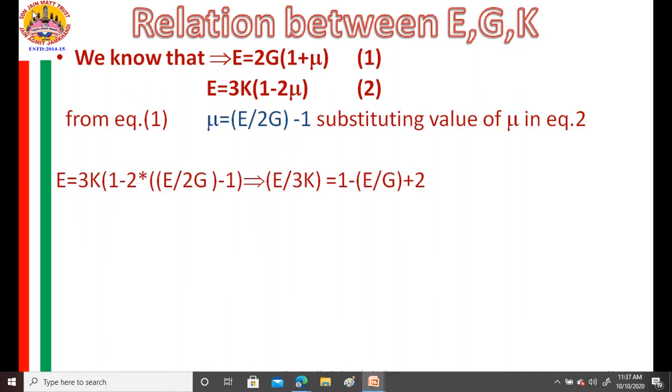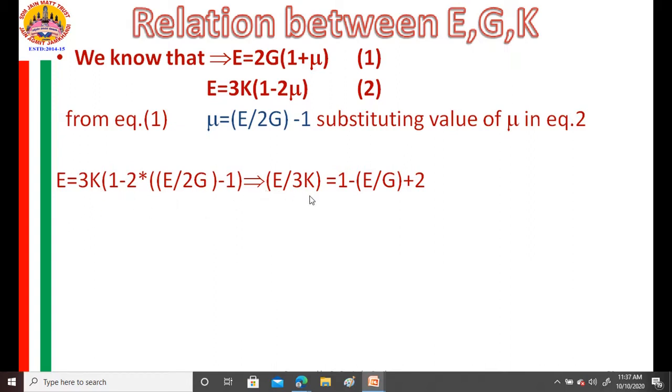In the second equation, 3K is there, you keep it as it is. 1 is there, keep as it is. Minus 2, keep as it is. Whatever mu is there, in place of it you put this value, that is in the bracket E by 2G minus 1. Now this 3K is multiplied to this whole term, that is why I can take it to the other side.